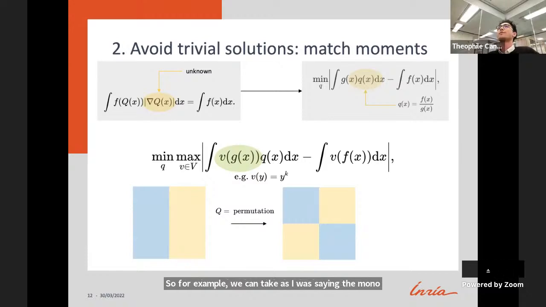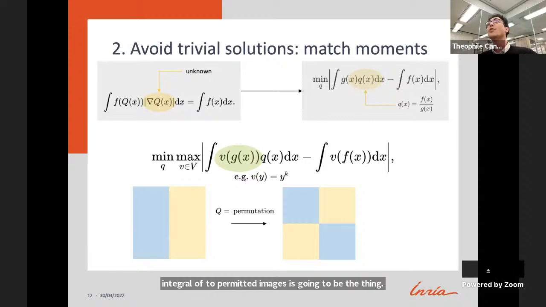And so now we've solved the first problem, but we still have another problem: what happens if we permute the pixels of an image? A permutation conserves the sum, so the integral of two permuted images is going to be the same.